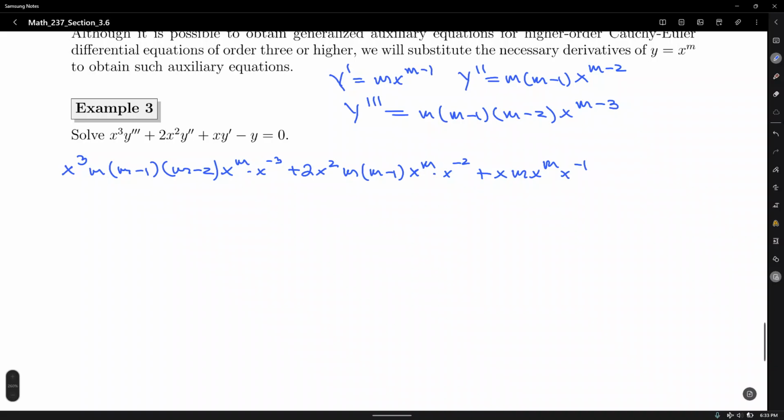Okay, so minus y, which is simply x to the m, and let that be equal to 0.